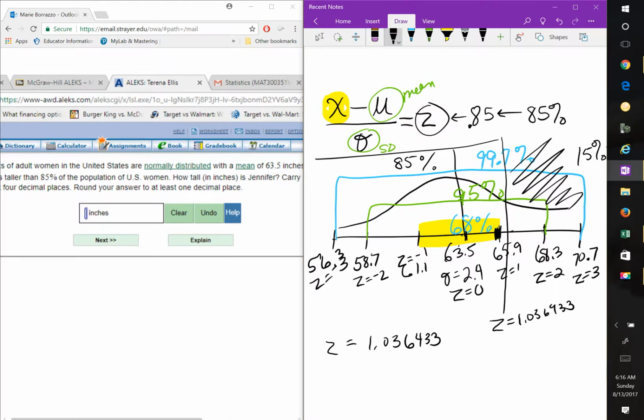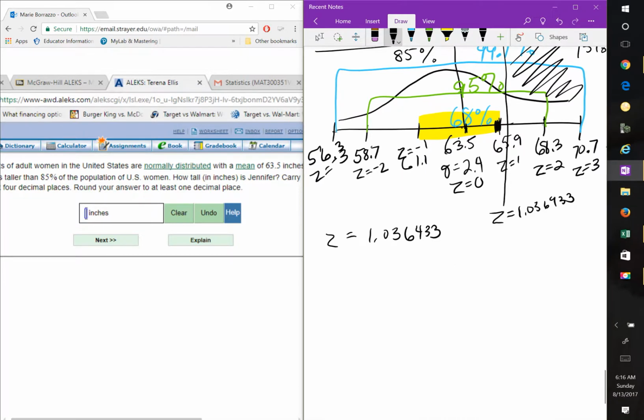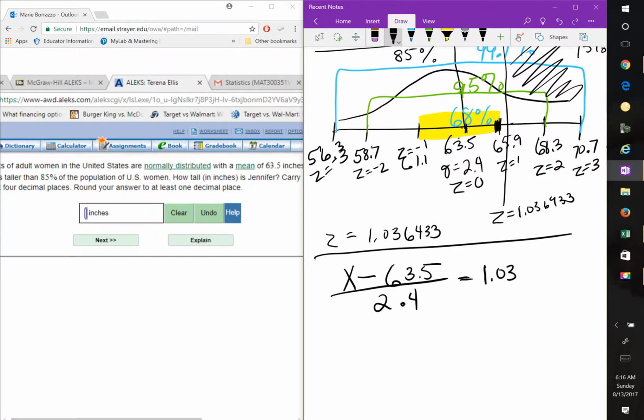Now, to find our actual values, this is what we do know. We do not know x. We're searching for x. We know that mu is 63.5. We know the standard deviation is 2.4, and we know that z is equal to 1.036433. So what we will do is we will multiply these out.